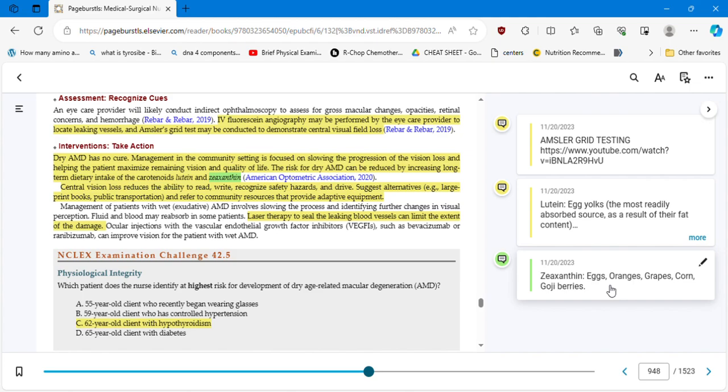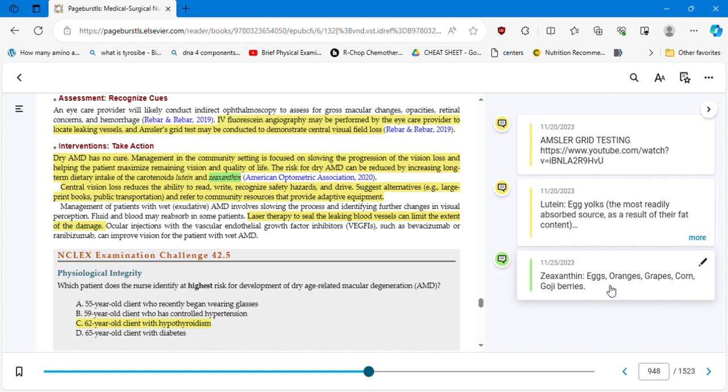So what I wanted to highlight here is that we spoke about the Christmas colors to prevent eye disorders: red, orange, and green, okay? If we want to prevent these macular diseases, we can add yellow. That's it.